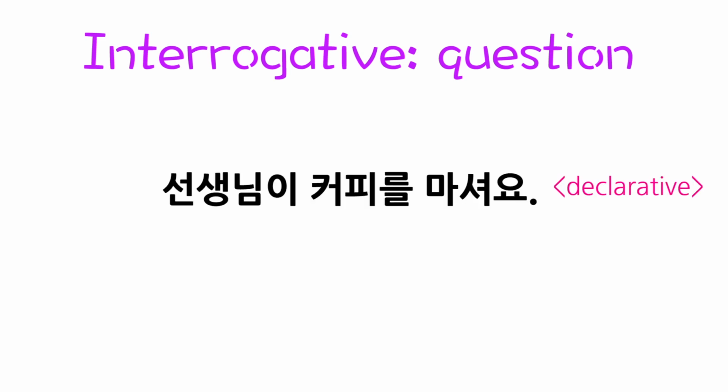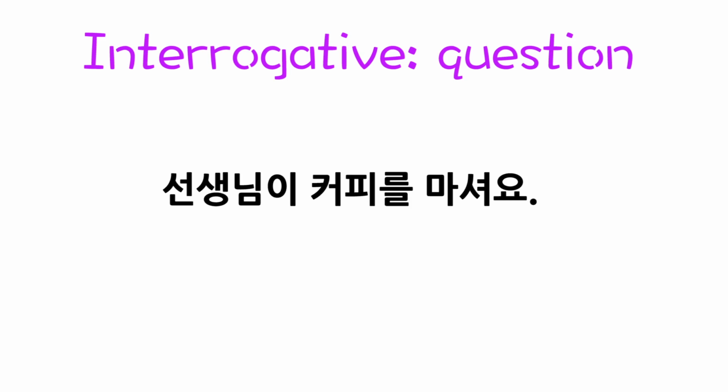The next mood is interrogative. Simply, it is a question. When you ask a question in English, you have to change the word order and you need to add something like do or does. But to make a question in Korean, it's really simple. Let's take a look at this declarative sentence. 선생님이 커피를 마셔요.